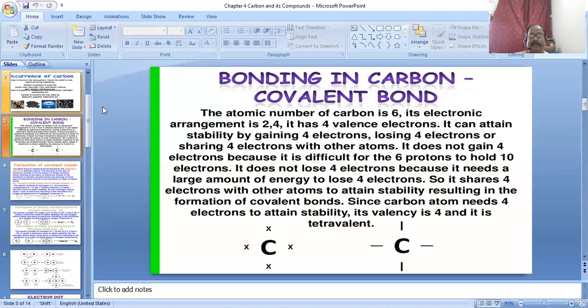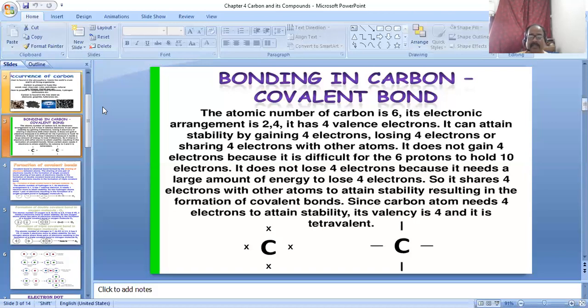So it shares 4 electrons with other atoms to attain stability, resulting in the formation of a covalent bond. Since carbon atoms need 4 electrons to become stable, its valency is 4 and it is tetravalent. If they receive, it is a problem because the number of protons is less compared to electrons. If they donate, it is also a problem because they lose a large amount of energy.